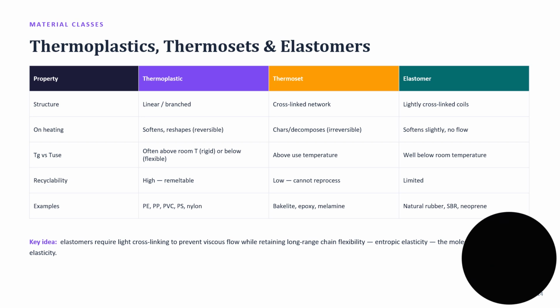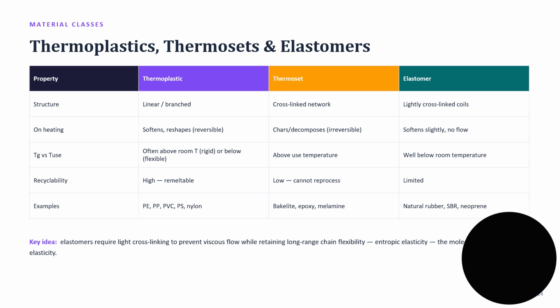Next topic: thermoplastics, thermosets, and elastomers. Now let's connect architecture and Tg directly to the three broad material classes. Every polymer scientist must be able to distinguish them instantly. Thermoplastics are linear or branched polymers.